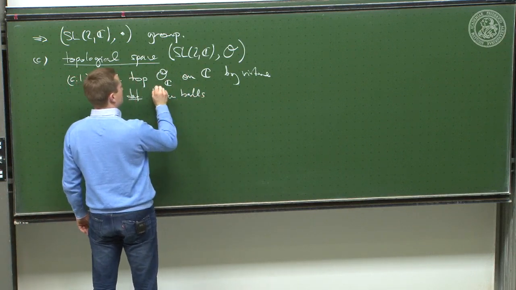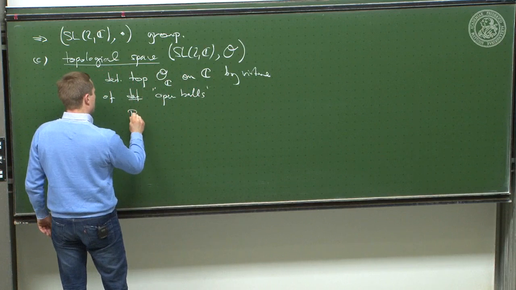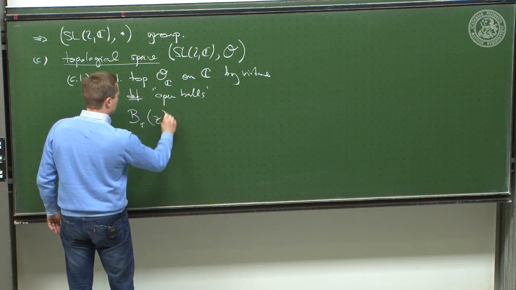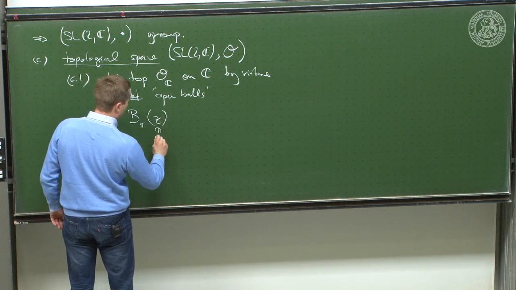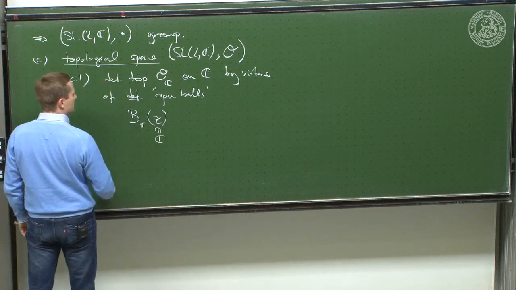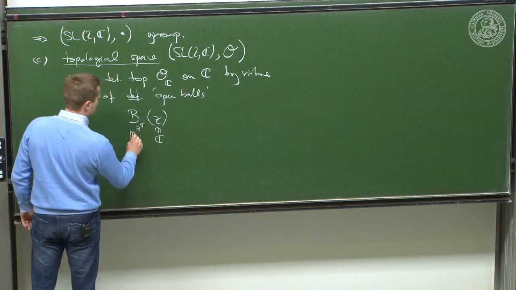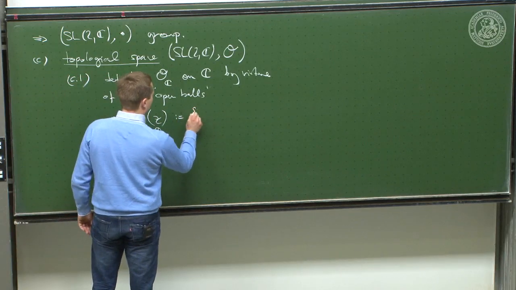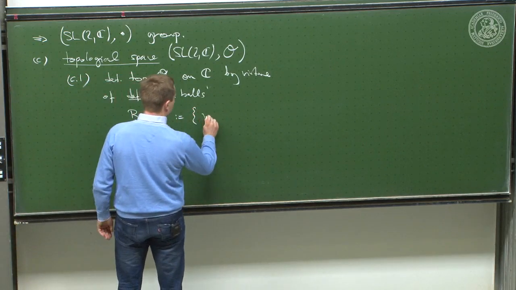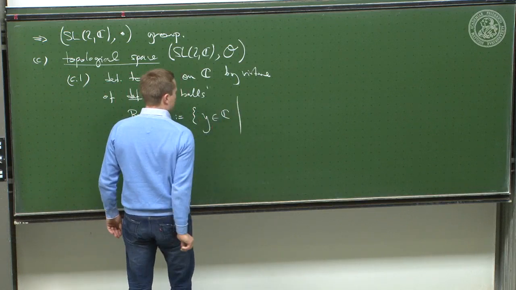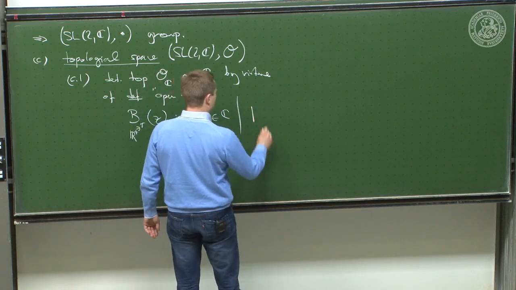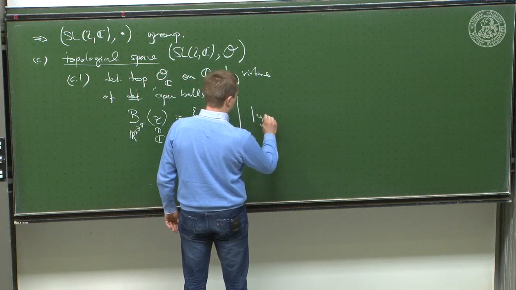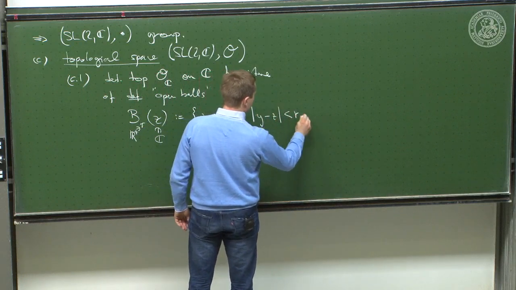Open balls, well, that's just a name. The open balls B sub r of a point z in the complex numbers, and r is still in R plus. And here we take simply, what do we take? All the complex numbers y for which it's true that the absolute value of y minus z is less than r.